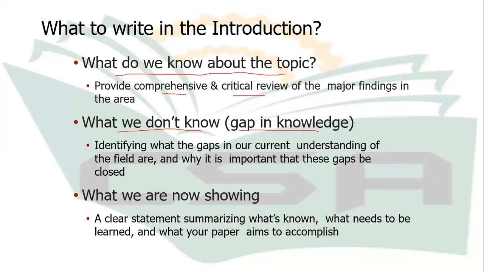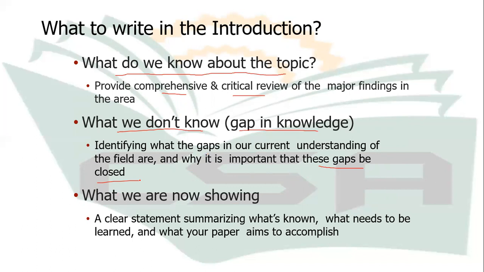Identify the gaps in our current understanding of the field, and why it is important that these gaps be closed. So I should mention the research gaps and the things which are unknown to me.